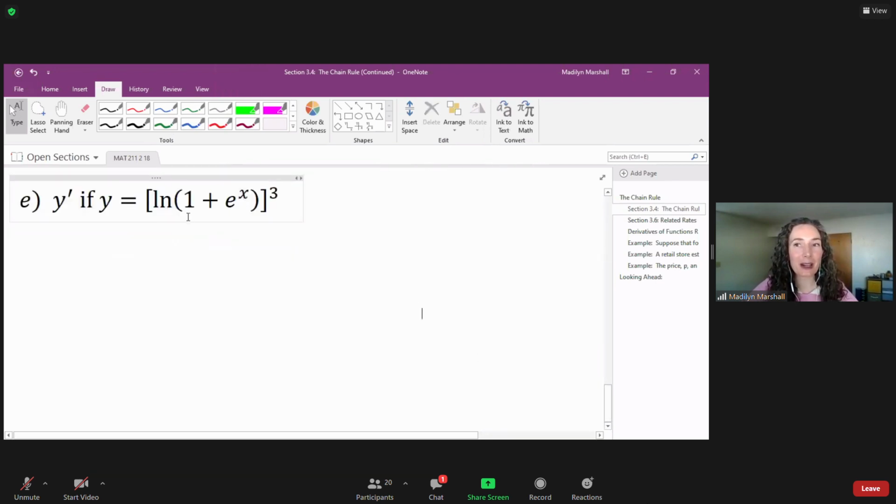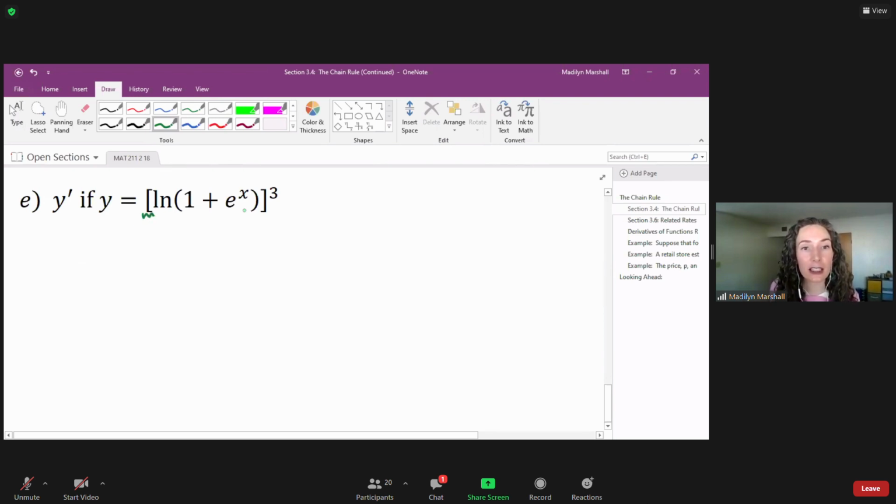And this is kind of where our formula breaks down, which is why I said once we get used to the chain rule, we can't necessarily use the formula all the time. So I'm not going to use the formula for this one, especially since this is an optional concept. So I just want to go through it kind of quickly so you have an idea of what it can look like.